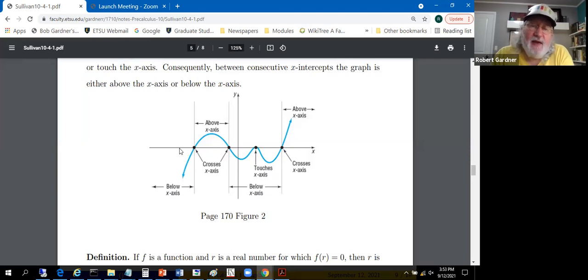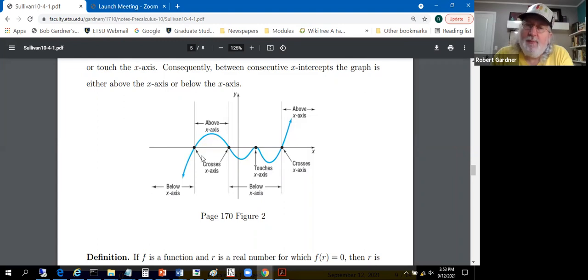So we'll take a test value over here, plug it into the function and see if we get out a positive value or a negative value. If we get out a negative value, the function must be entirely negative over there. If we get out a positive value, the function must be entirely positive over there. And similarly, between these two intercepts, and also to the right of the largest intercept.